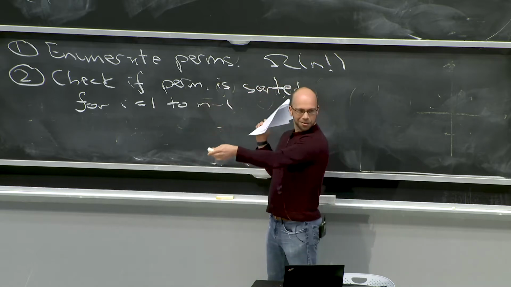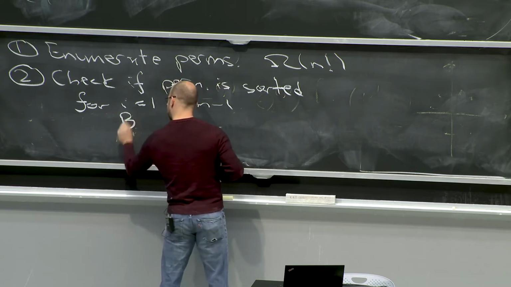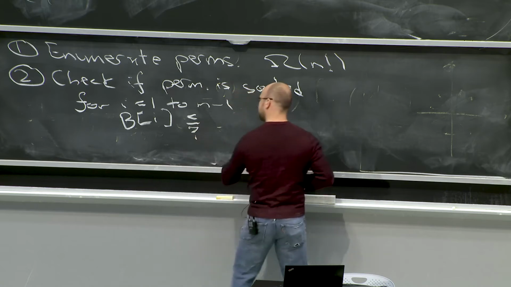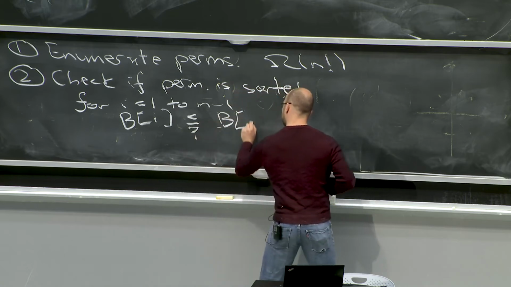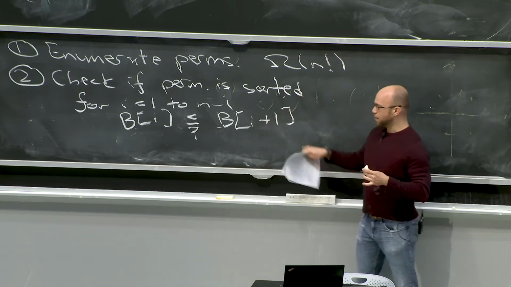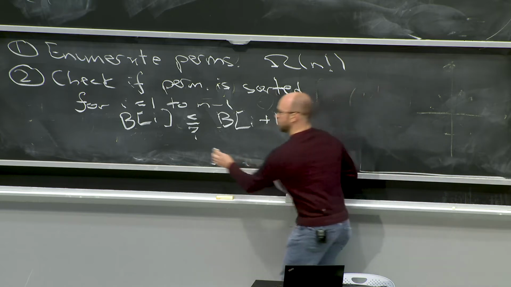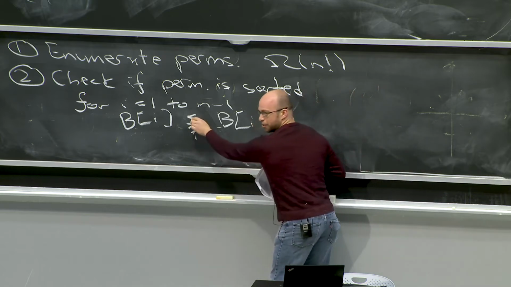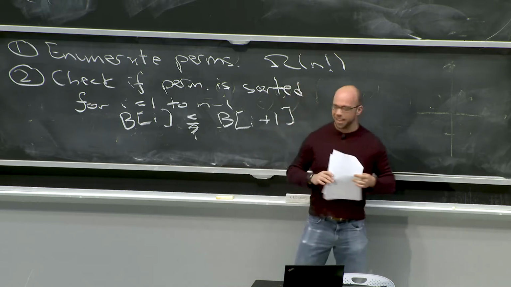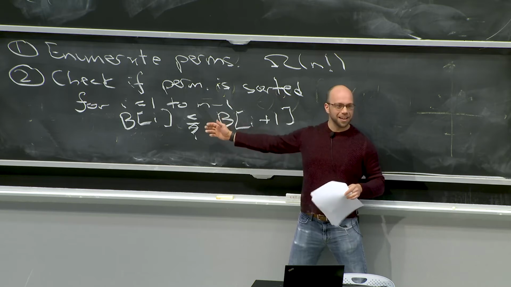Notice, not a Python coder, so it's going to look a little different. Then check, is b_i less than or equal to b_{i+1}? And so if this relationship is true for every single i, that was supposed to be a question mark, less than or equal to with a question mark over it, my special notation. So if I get all the way to the end of this for loop and this is true everywhere, then my list is sorted and life is good.